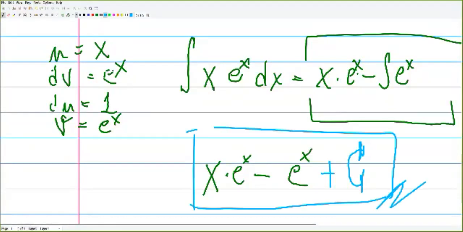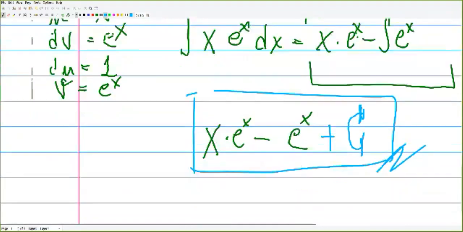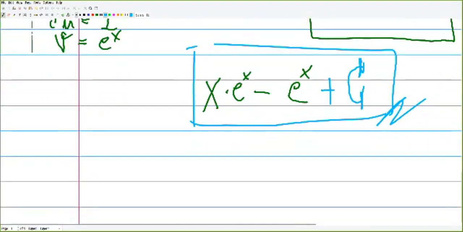So that's the answer, and this is way easier than what we had. That's our goal, to make it easier by making a smart choice.